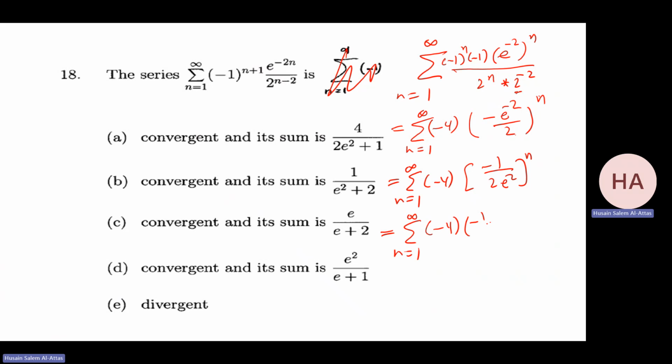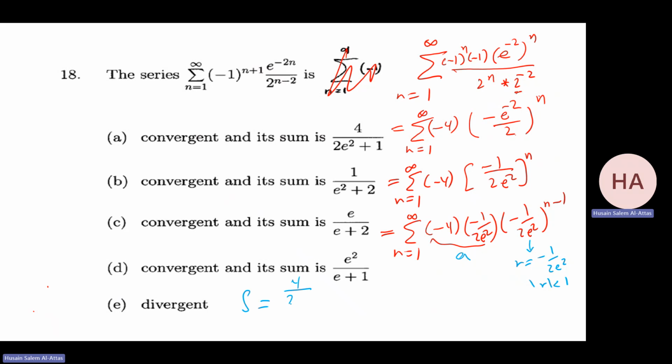This is minus 4. I need the first term times minus 1 over 2a squared to the power n minus 1. So this is my A, and this is R: minus 1 over 2a squared. Well, very clear, the absolute value of R is less than 1. So it will be S equals A over 1 minus R. What is A?